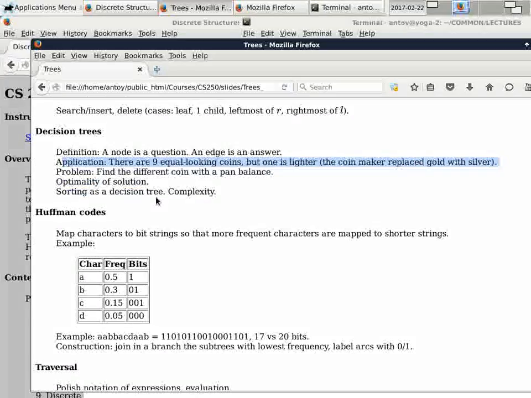So sorting, there are various algorithms of sorting, but one can be framed as a decision tree, exactly as I did in the example with 3 variables. Instead of 3 variables, you have n. And so, if you build the algorithm as a decision tree with n variables, you can prove, and the proof is not too easy, that the best you can do is n log n.